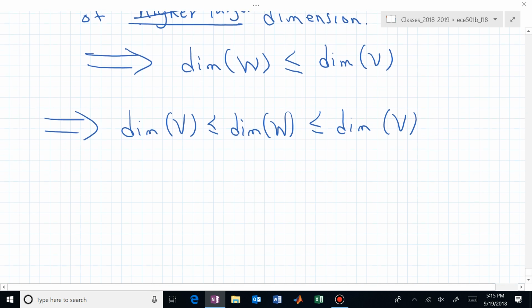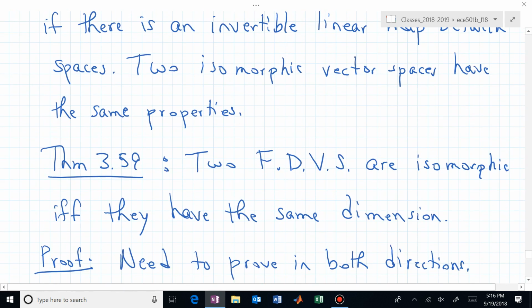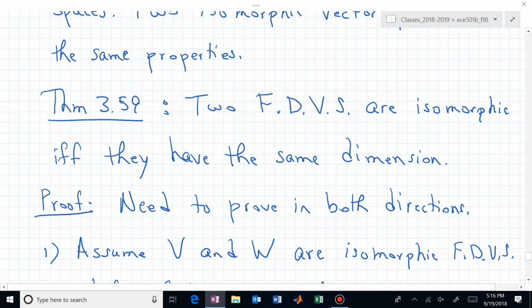It's both injective and surjective, so the input dimension is the same as the output dimension. That's what we needed to show for the first part. We assumed isomorphic, we assumed A, and we've now shown that the dimensions are the same.